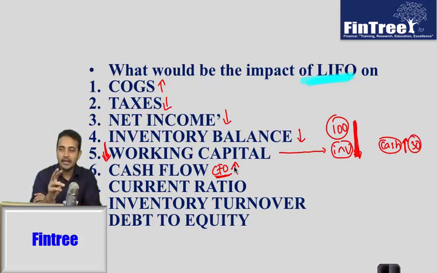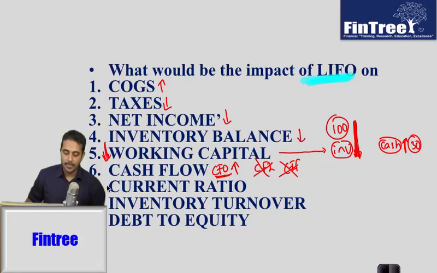The purchase of inventory is a cash expenditure. COGS is what you already have with your books. So COGS doesn't matter, but what matters is the cash in the form of taxes. And because you're paying less taxes, your CFO would be higher. How about CFI? CFI, no impact. How about CFF? No impact. So your CFO would be higher.